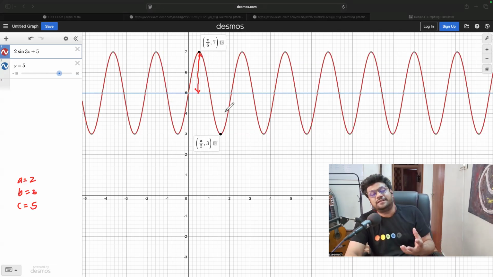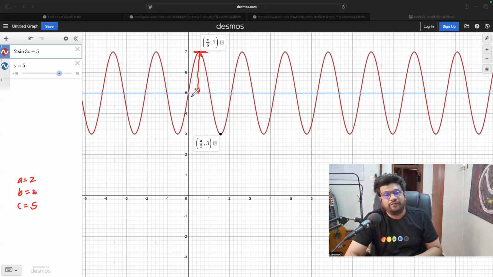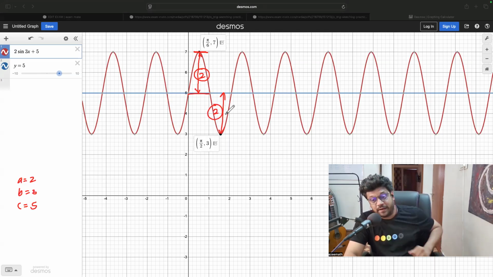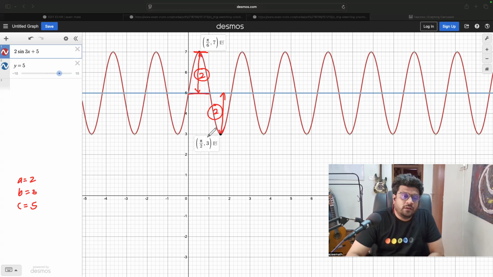That's the perpendicular distance of the highest point on the curve from the principal axis. And of course, the lowest point is also the same distance away from the principal axis. Okay, so principal axis taken care of. Amplitude we have spoken about.